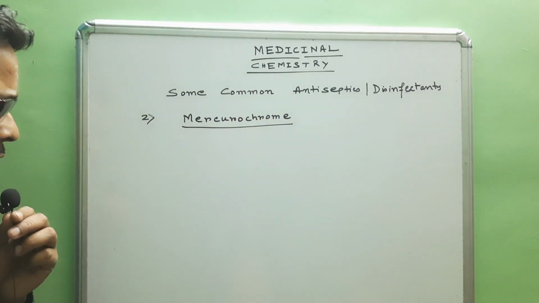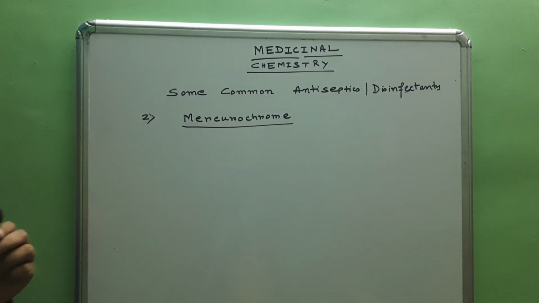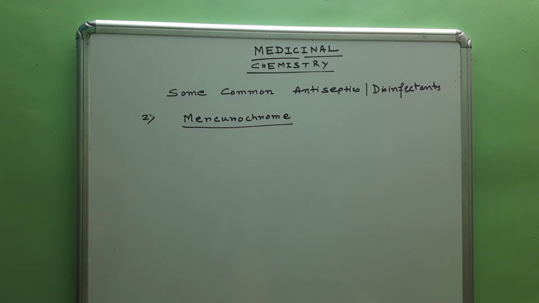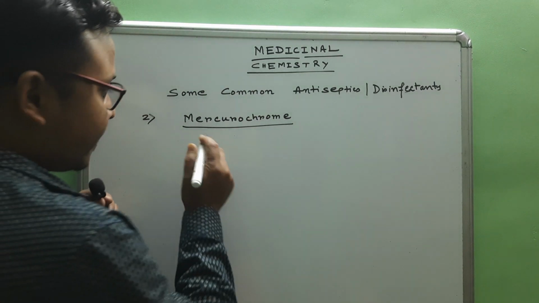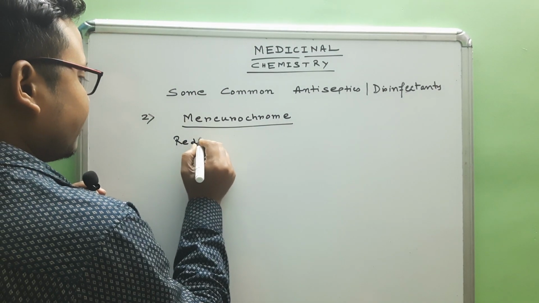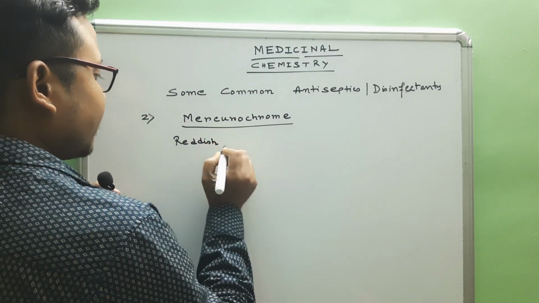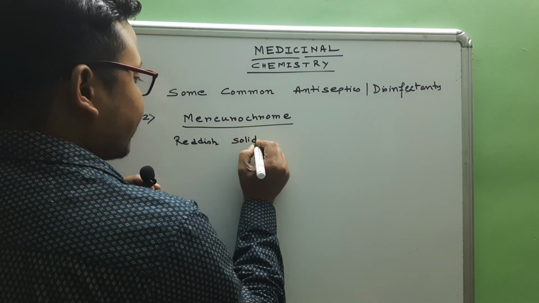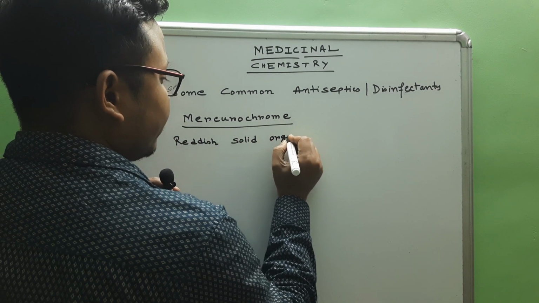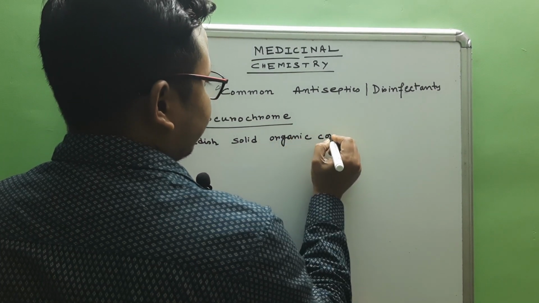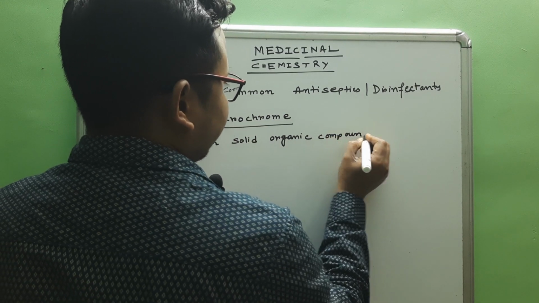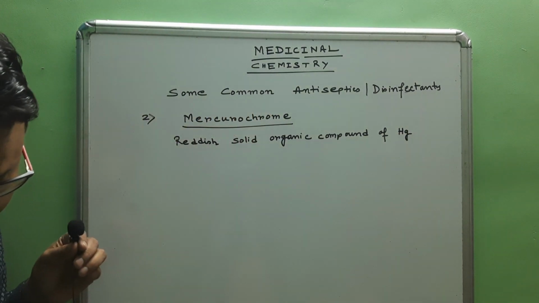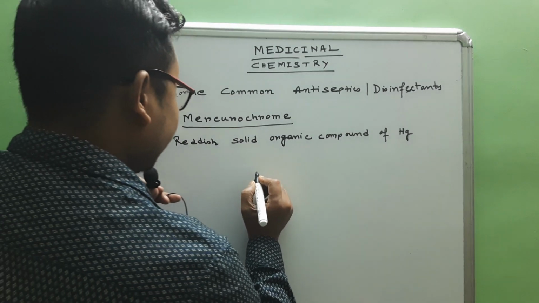Almost all of us know Mercurochrome, but what is its structure? Mercurochrome is actually a reddish solid organic compound of mercury. And what is the structure of Mercurochrome?